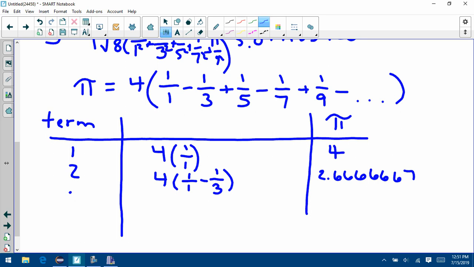Let's try the third term. What would that look like? We'd already have 1 over 1 minus 1 over 3. That's going to be your accumulator for this one. You can call this sum again. But now what am I going to do next? I'm going to add on 1 over 5. I want to find the approximation, so I multiply that by 4.